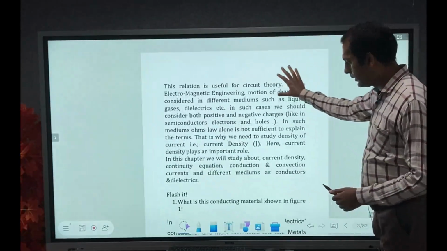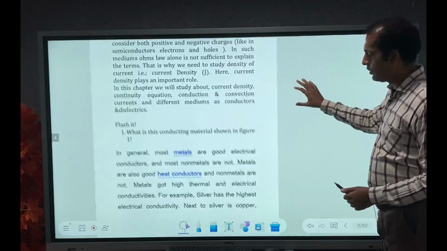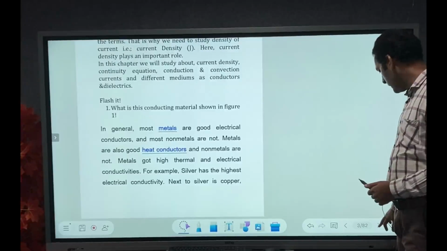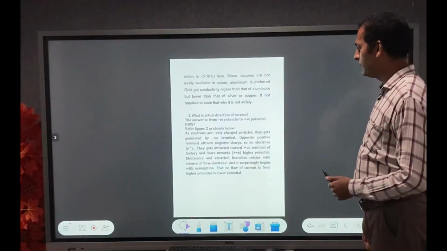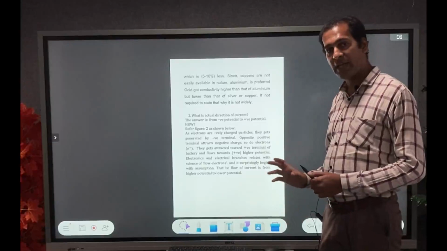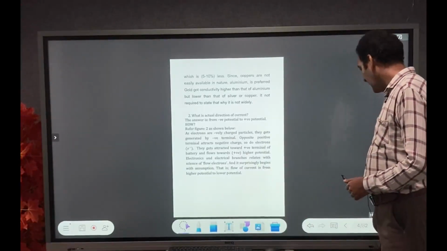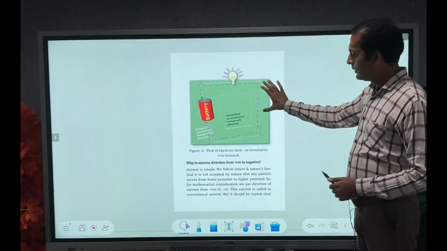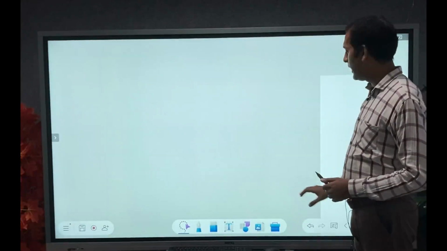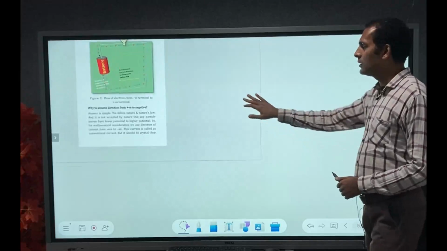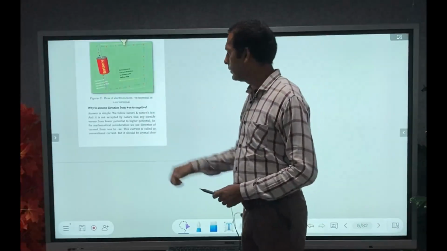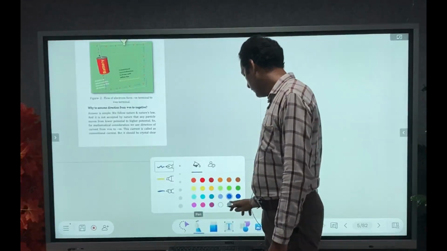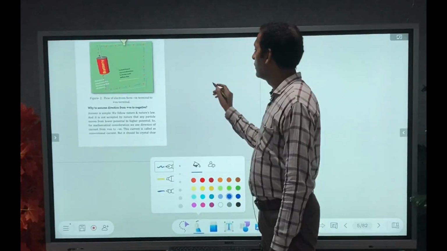Then we also discussed the important parameters of current. Then we discussed their relevance in metals, conductors and semiconductors. Then we discussed the actual and imaginary direction of current. We observed that the conventional direction of current is from positive to negative and the actual direction of current is from negative to positive.